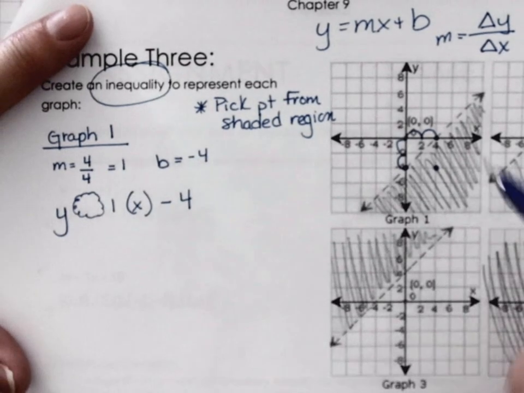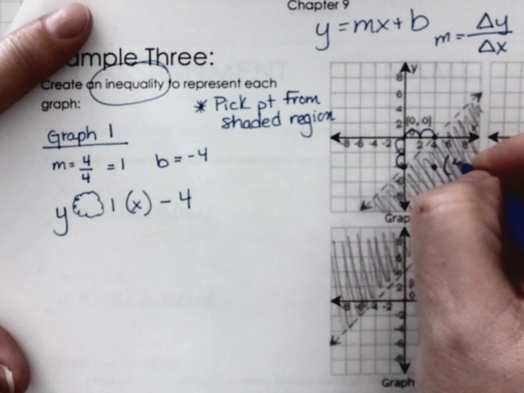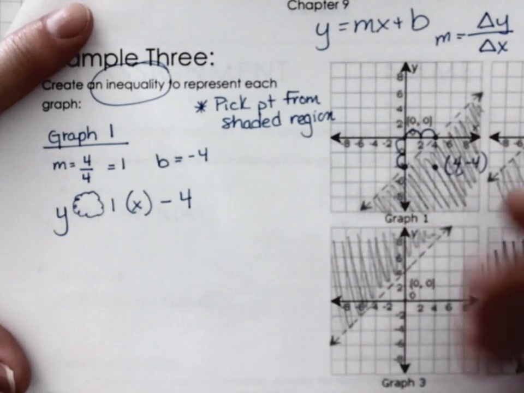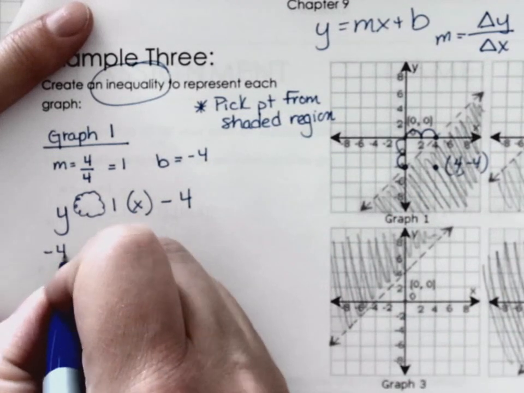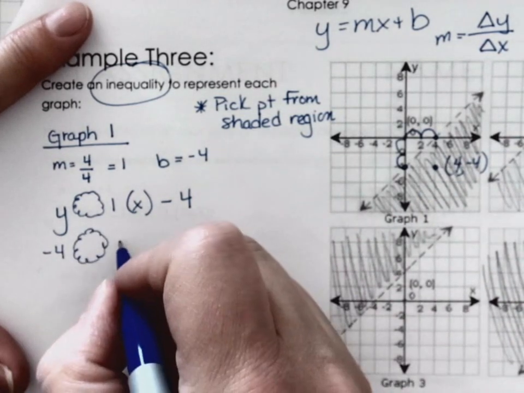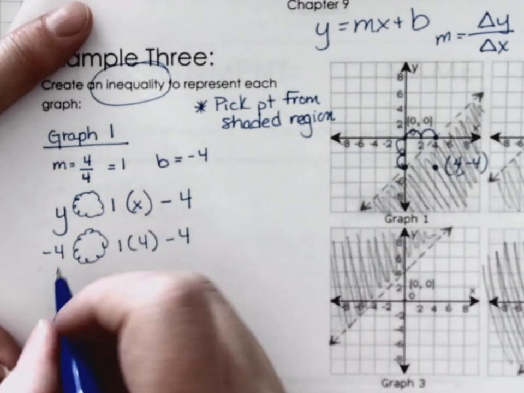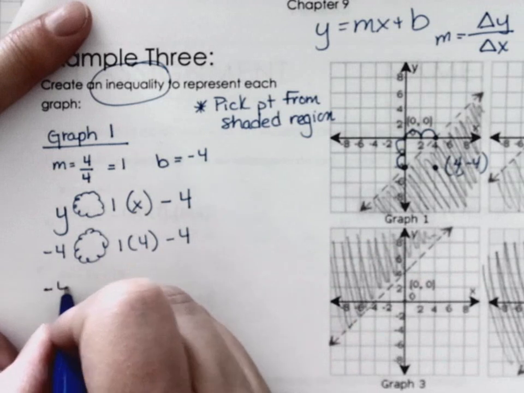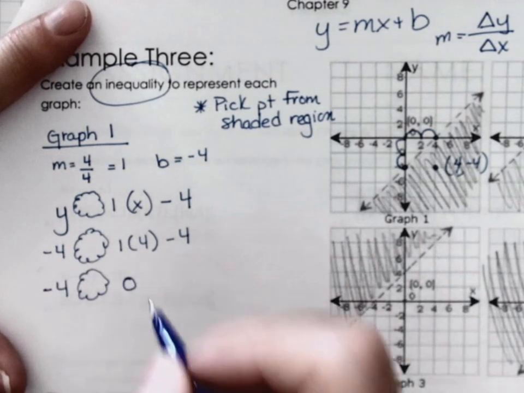We know it doesn't have equal signs because it's a dashed line. So we put in our 4, -4, that point from the shaded region we picked. So y is -4, big fluffy cloud, and 1 times 4 minus 4. So we have -4, big fluffy cloud, 0.